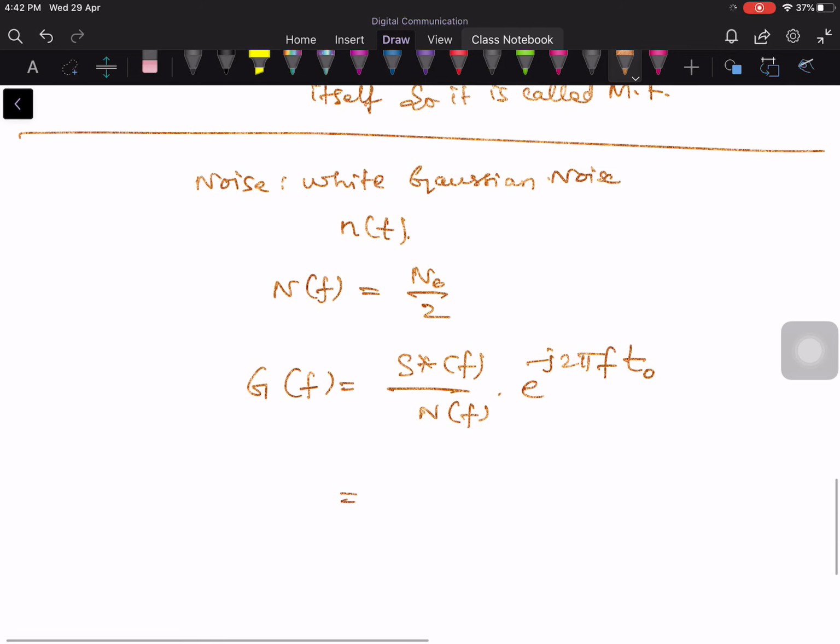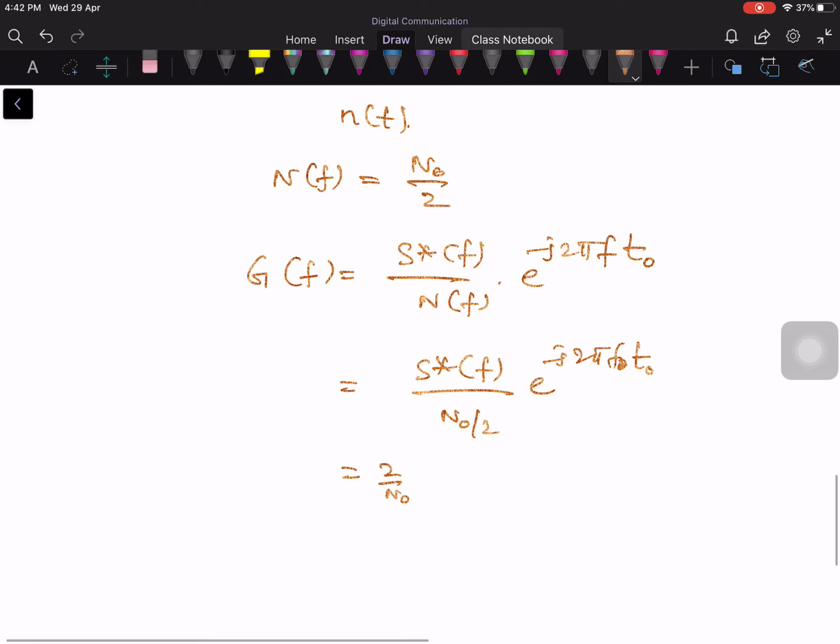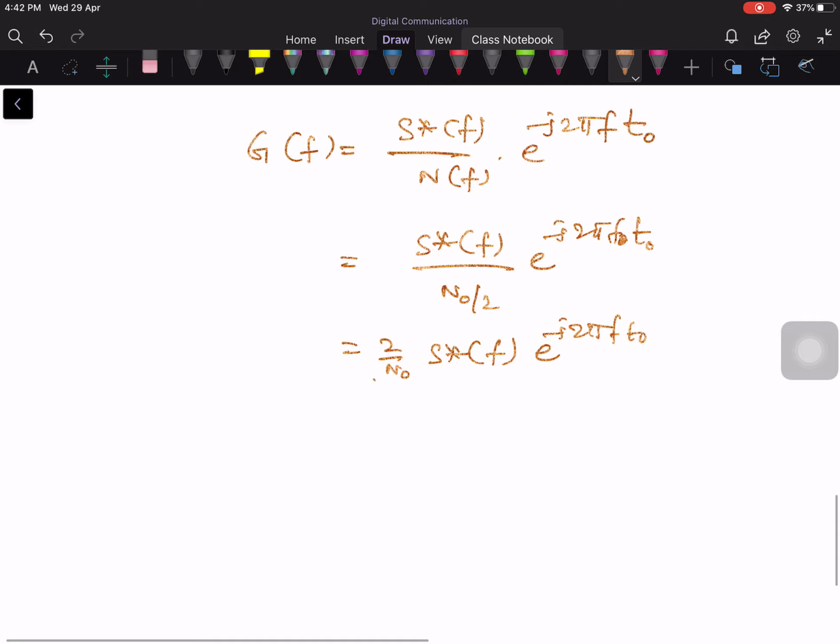Now you substitute this N of f here: S conjugate of f divided by N0 by 2, times e to the power of minus j 2 pi f t naught. This is 2 by N0 times S conjugate of f e to the minus j 2 pi f t naught, and let me call this some constant c, so c times S conjugate of f times e to the minus j 2 pi f t naught.